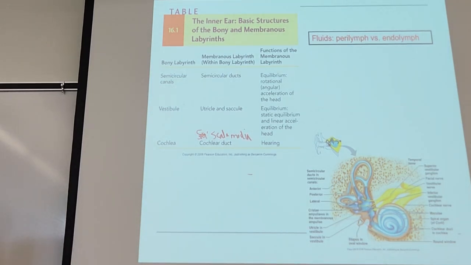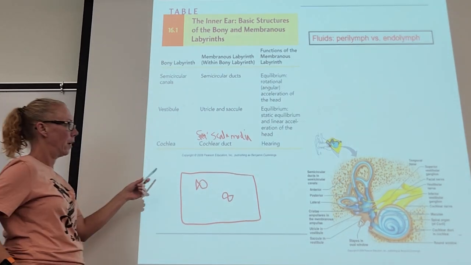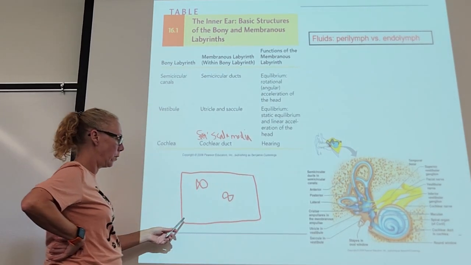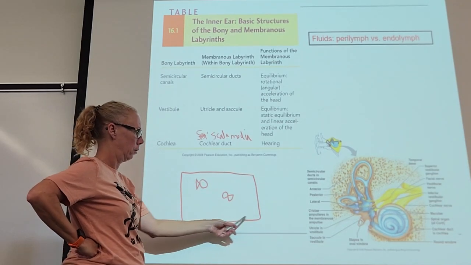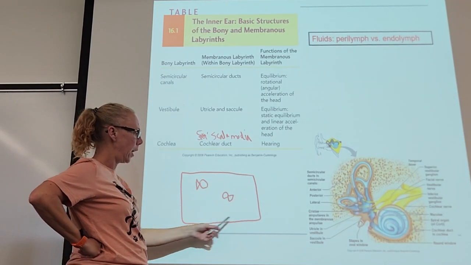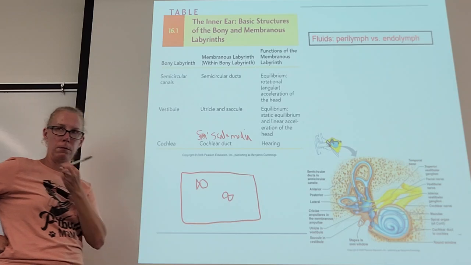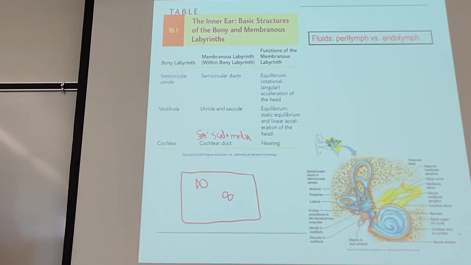The best way to describe it, for those of you that are visual, if you're not getting this, is I'm just drawing a couple of fish in a fish tank. The tank is the bony structure. In the tank, you have water. That's the perilymph.